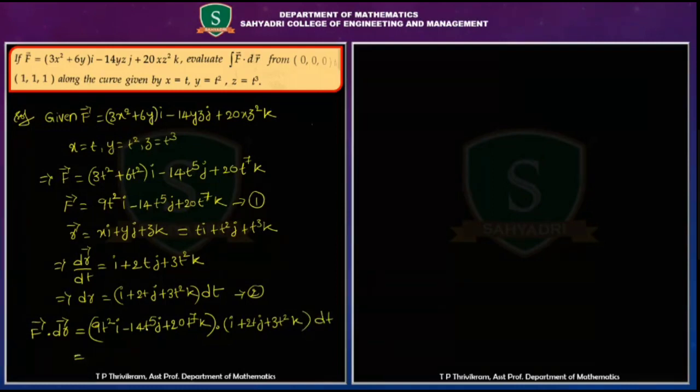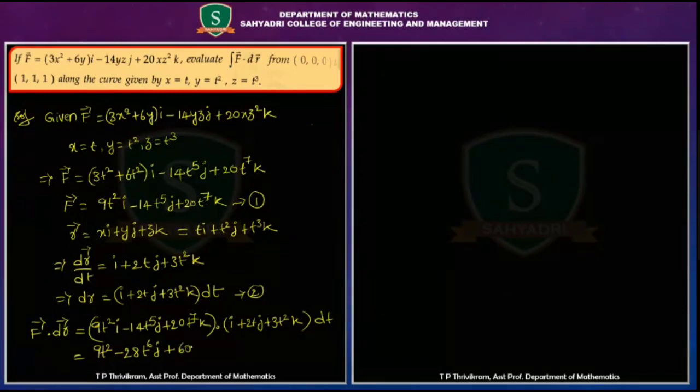So this one is equal to how much you'll get? 9t square minus 28t power 6 j plus 60t power 10 k. So this is the dot product value.